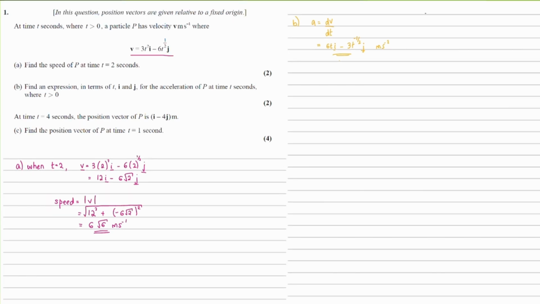We're then told that at time t is equal to 4 seconds, the position vector of P is i minus 4j meters, and we have to look for the position vector of P at time t is equal to 1 second. So in order to find our displacement, we have to integrate the velocity with respect to time.